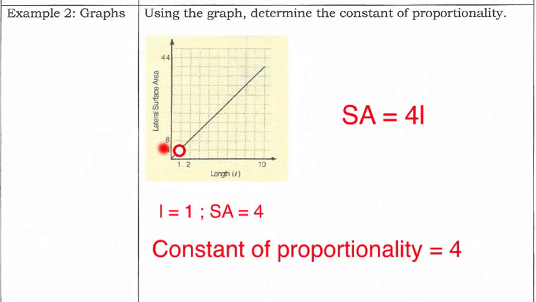We go up, and 1 and 4 are in line, and here's where we can plot the point. So your length is 1, your surface area is 4, so our constant of proportionality is 4, or you could say 4 over 1. So the equation is surface area is equal to 4 times L.